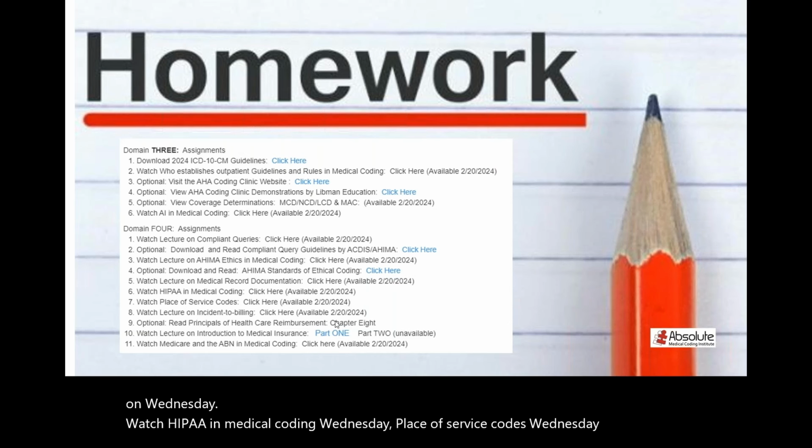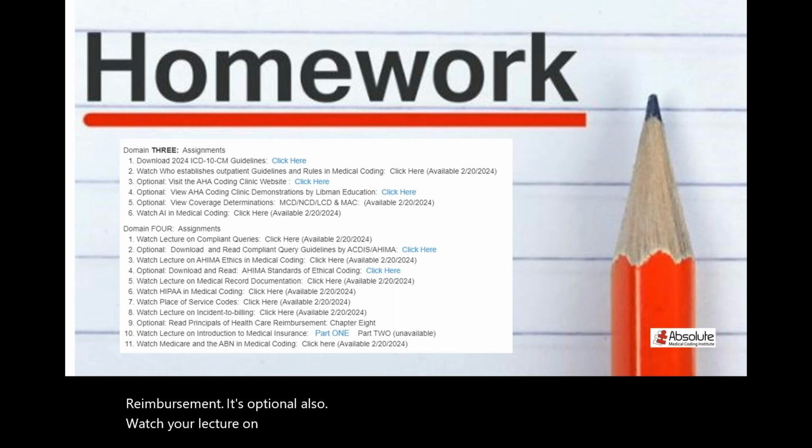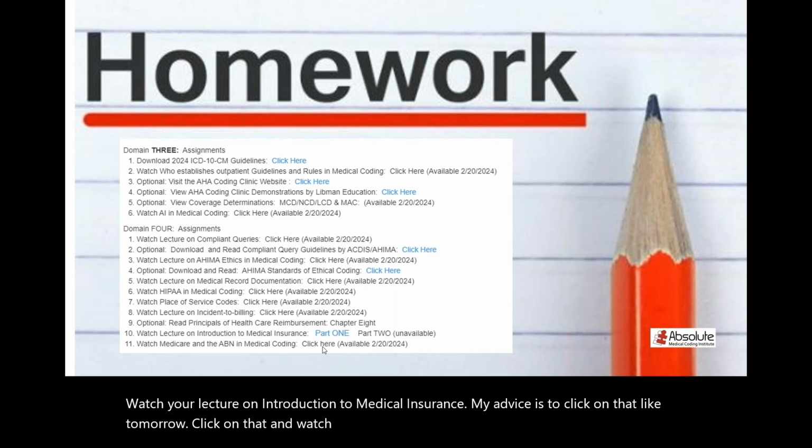Optional. Read Principles of Healthcare Reimbursement, Chapter 8. It's optional. Also, watch your lecture on Introduction to Medical Insurance. My advice is to click on that tomorrow and watch it if you haven't seen it.